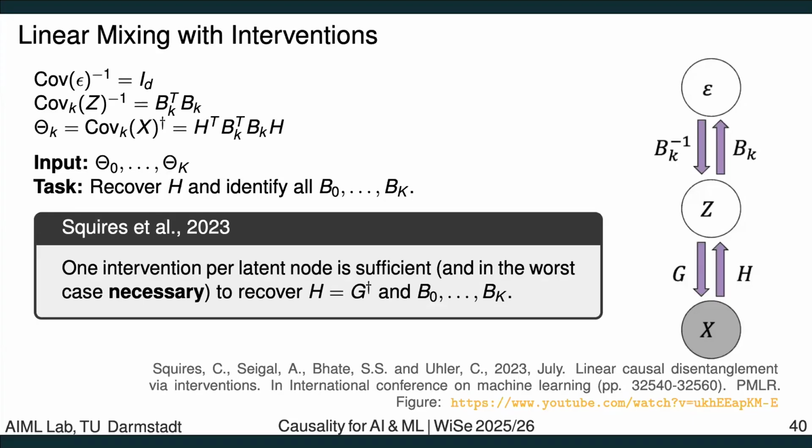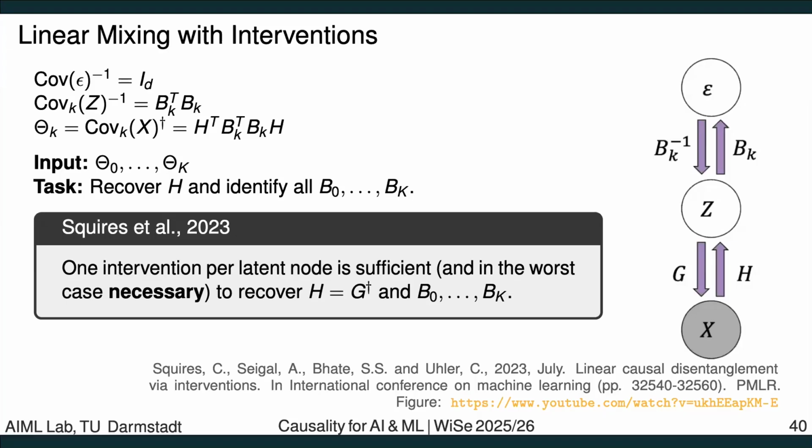So the result that people got is that the setting that we considered or described is sufficient and in the worst case also necessary. So we always need as many interventions as we have latent variables.